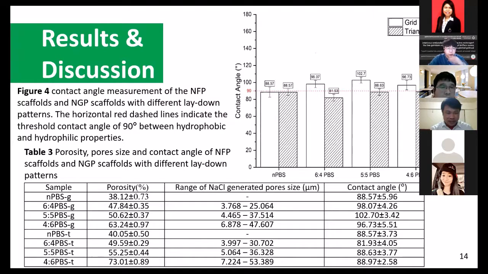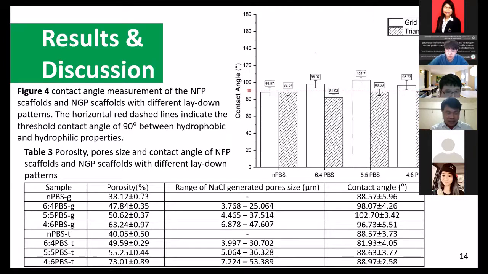Yes. The increase of the porosity is almost in the inner fiber, not on the surface. So that's the reason, right?